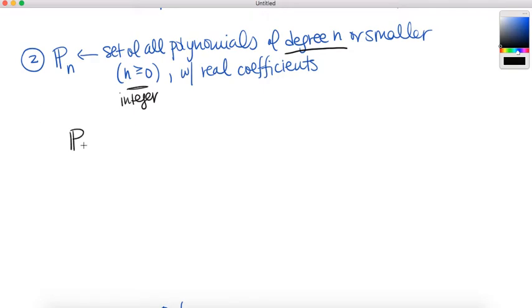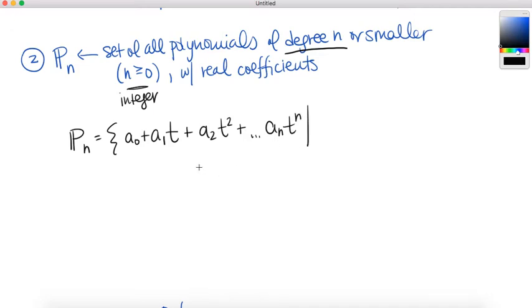Remember, degree 0 is a constant, and if we're going up to degree n, I'm just going to say that our variable is called t. So constant term, t squared term, all the way up to a t to the n term, and here the ai's are all real numbers.